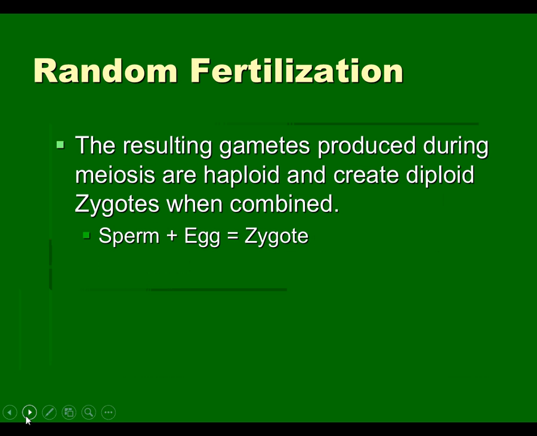However, when we talk about the combination of sperm and egg, okay, the resultant gametes produced during meiosis are haploid. They create diploid zygotes when they're combined. Now, in this case, the likelihood that the same sperm and egg combination is very, very low.